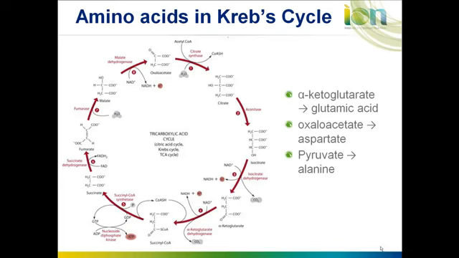So for example, if you just swap the keto group for an amino group on alpha-ketoglutarate, you get glutamic acid, one of our amino acids. And the same for oxaloacetate. It's very simply converted to aspartate, another amino acid. And pyruvate is essentially the keto form of alanine, another amino acid. So it all links up very nicely, and there's a definite logic to all that's going on here in the bigger picture.